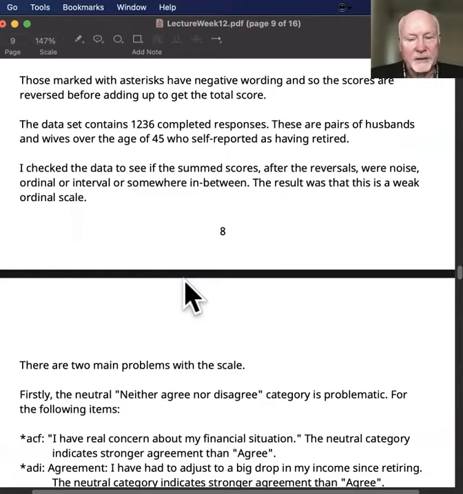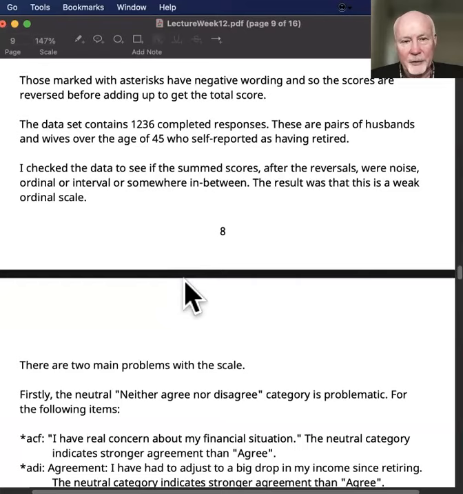So when I ran that initial check, what I found was that it was sort of barely ordinal. Now, what does barely ordinal mean? What it means is that if two people get the same score over the 8 questions, if you add up the scores for the 8 questions and two people get the same score, it doesn't necessarily mean they have the same level of retirement satisfaction. But also, if one person has a higher score than another, it's not necessarily true that that person has a higher level of retirement satisfaction.